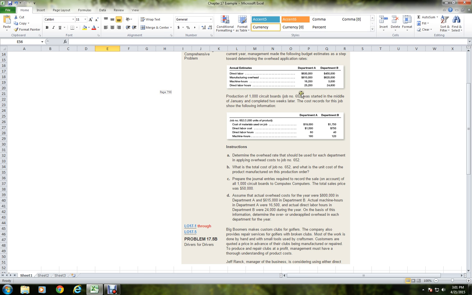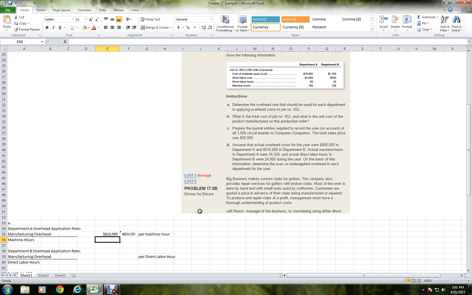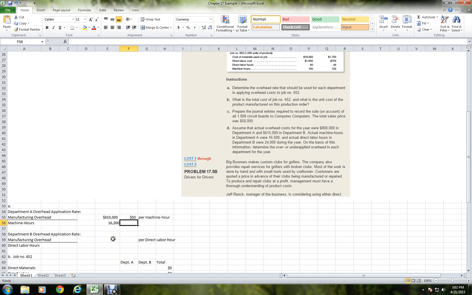So 16,200 is our total. So we know the total overhead. And so all we're going to do is divide total overhead costs by total number of machine hours, which gives us a cost of $50 per machine hour.